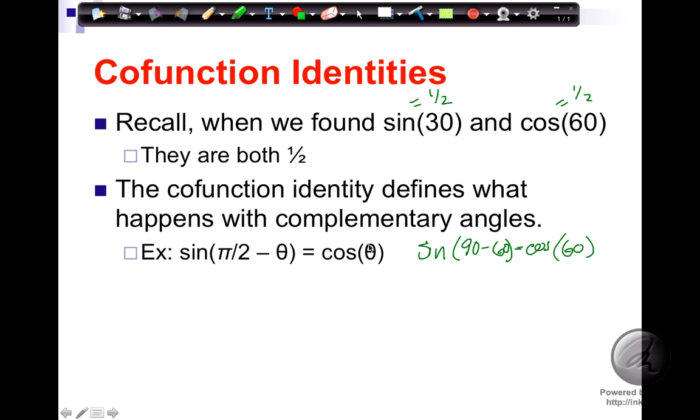We know that those two things are the same because we just said that a second ago, if theta was 60 degrees. So two complementary angles can be written in such a way. So if we had sine of pi halves minus theta, it's equal to cosine of theta. And you'll see when you get your paper that there's actually two more cofunction identities, at least for the cosecant and for the tangent versions.